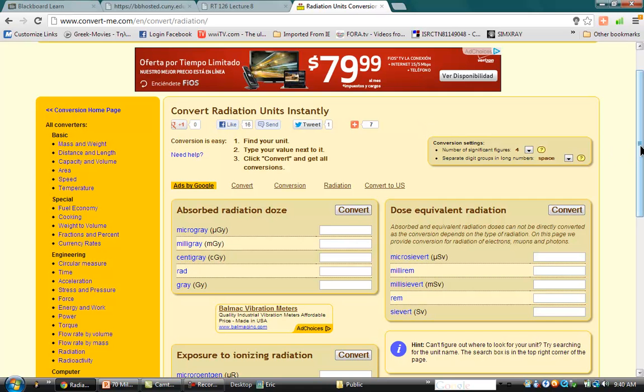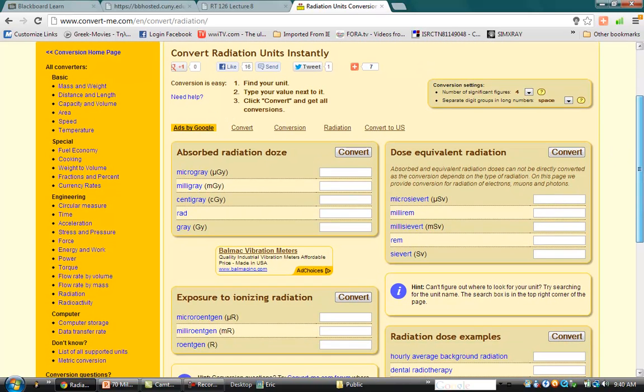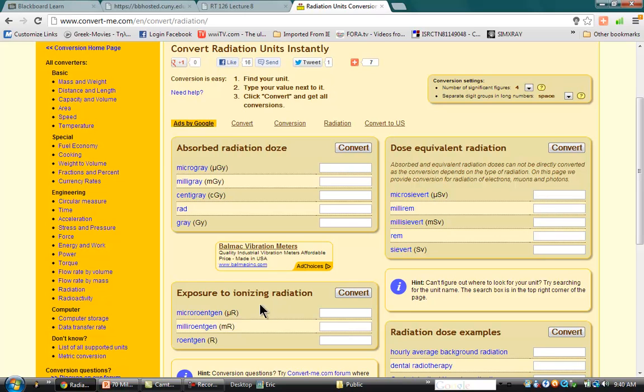And this is a radiation calculator that's really nice. In terms of intensity, we've been dealing with milliroentgen down here. And in the lab, for some of you, we broke out the dosimeter, which was reading out the absorbed radiation dose in microgray over here.